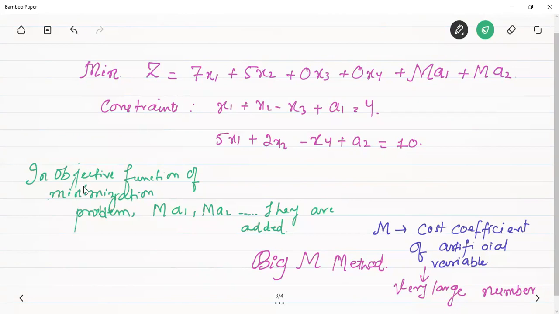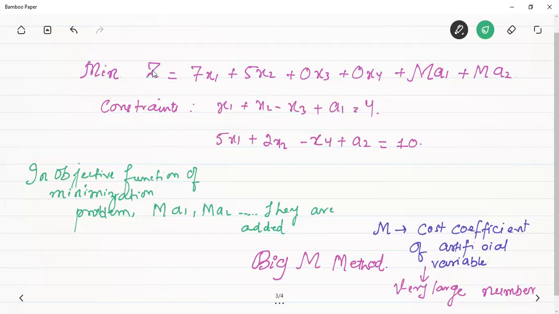And let's look at the significance of why we do it. This is the minimization problem, and we start our solution with the artificial variables as basic variables, since a1 and a2 will be the basic variables in the first solution. But we would want both of these artificial variables to get out of the basis.